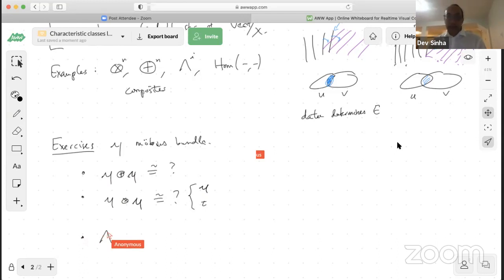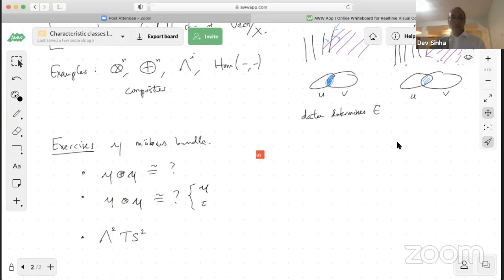You may or may not have a lot of experience with exterior powers. So part of this is to look up exterior power, and can you take the exterior power on the tangent bundle of S2? Now the exterior power on a 2-dimensional vector space will be rank 1.